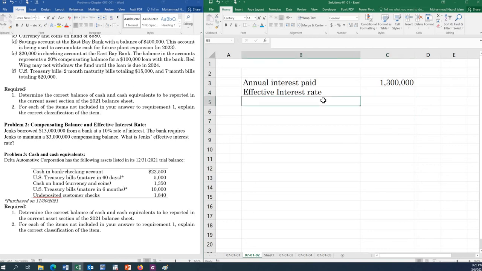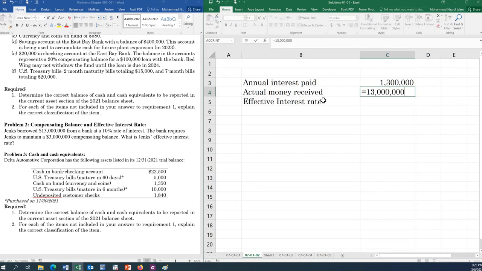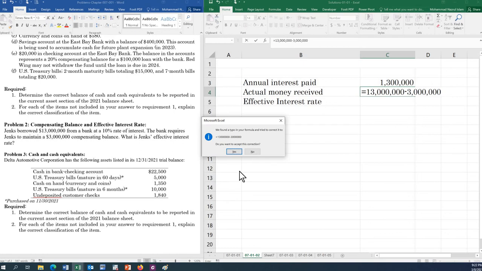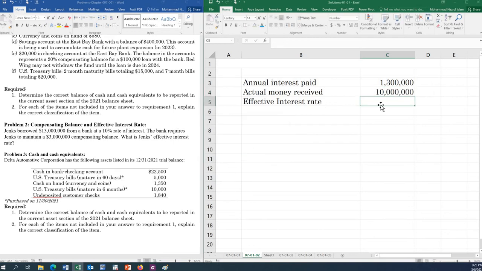Actually, we are using the actual money received, which is better. The actual money received is equal to 13 million minus 3 million, that is 10 million. And what would be the effective rate of interest?